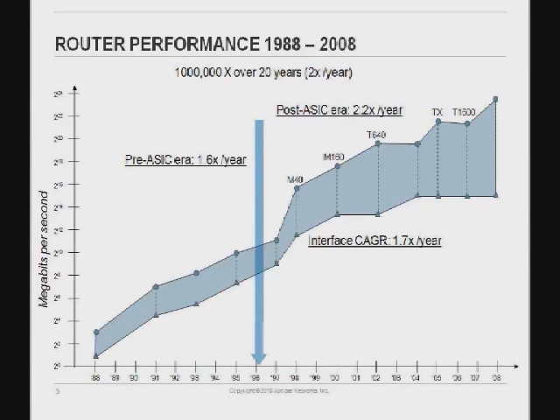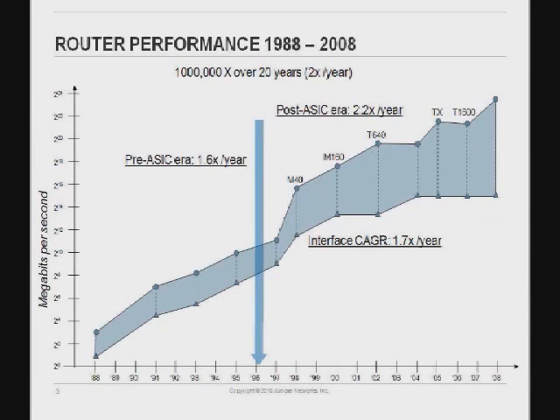But after the ASICs became widely used in routing systems, the pace of improvement increased dramatically. Here are several examples of what Juniper systems deliver, and I'm sure this is true in general as a whole.